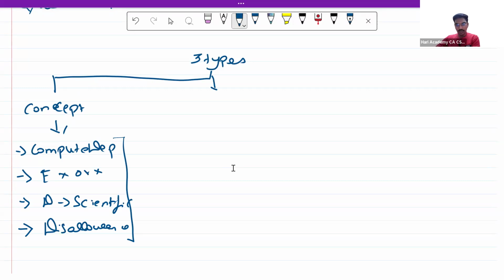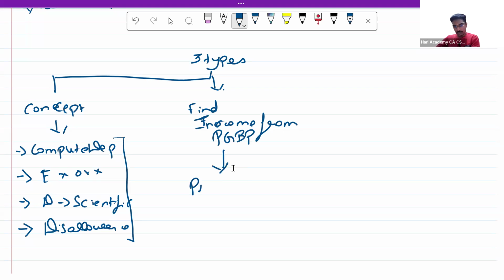The second type of question is to find income from PGBP, where they'll give you the profit and loss account, and from the net profit, you have to find out the income from PGBP.